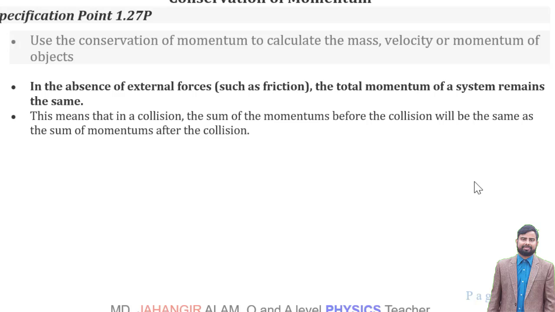In the absence of external forces such as friction, the total momentum of a system remains the same. This means that in a collision, the sum of momentums before collision will be the same as the sum of momentums after the collision.